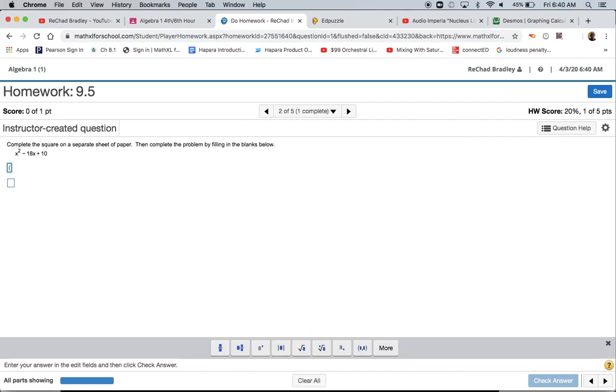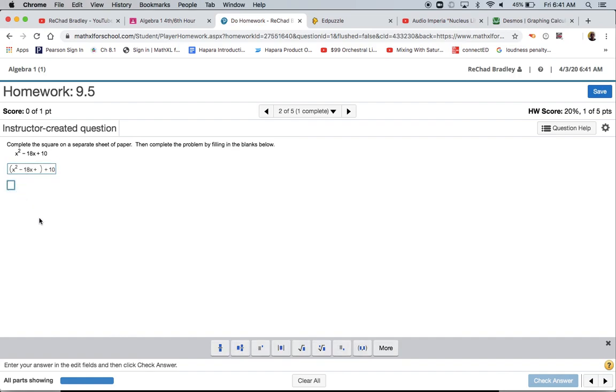So again, if you're good enough to do it without paper, fine, but I suggest you do, because most of you are not at that level to where you can put x squared minus 18x. And again, in your head, you might know I'm taking 18, cutting it in half and squaring it, which means that that's going to be 81. Or you could, if you want, put a real quick blank plus space parentheses plus 10, and then just leave it there.